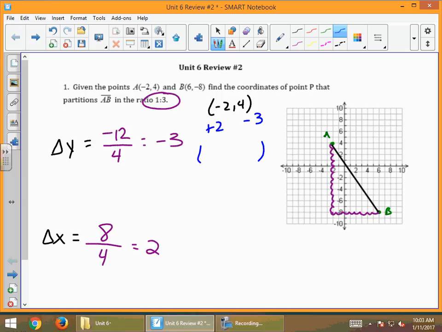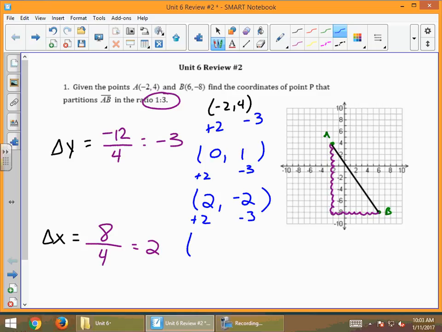What's negative 2 plus 2? 0. 4 minus 3 is 1. Again, 0 plus 2 is 2, and 1 minus 3 is negative 2.